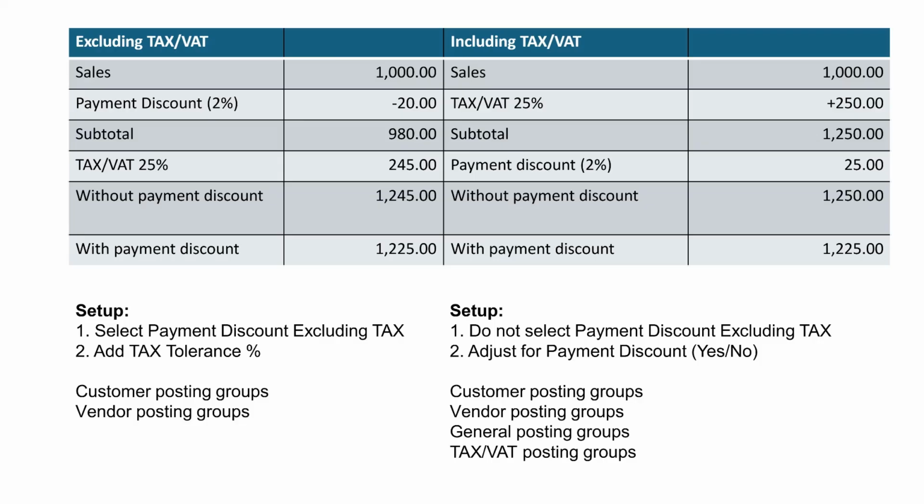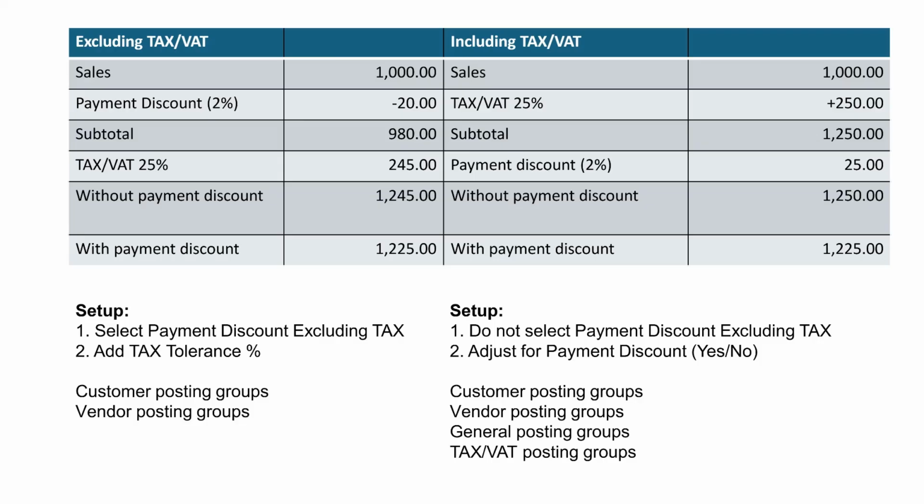But now if you look at the other side with the including VAT, we've got the same sales at $1,000, but this time the tax is added before, so we've got a higher subtotal, and the 2% payment discount is also higher in this case. We also have the two scenarios where you pay without the payment discount and you pay with the payment discount.